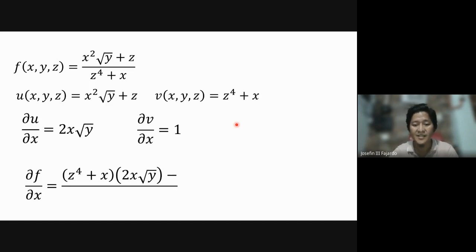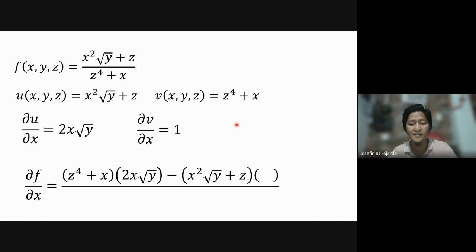Next is we copy the numerator, in parentheses. And then we multiply with the derivative of the denominator. So this will just be 1, right? And sa denominator, we have the denominator, and then we square the denominator.